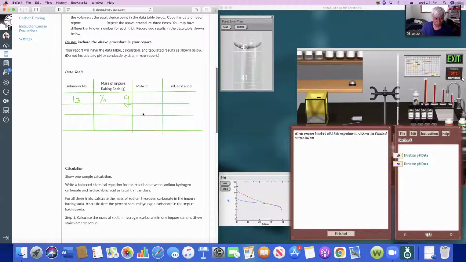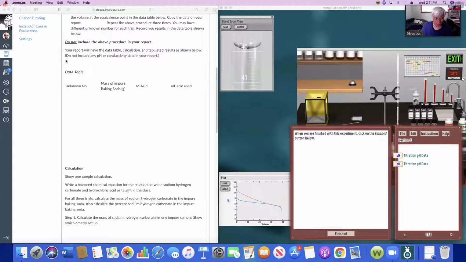Okay. Unknown number 13. Mass of the impure baking soda, 1.500 grams.